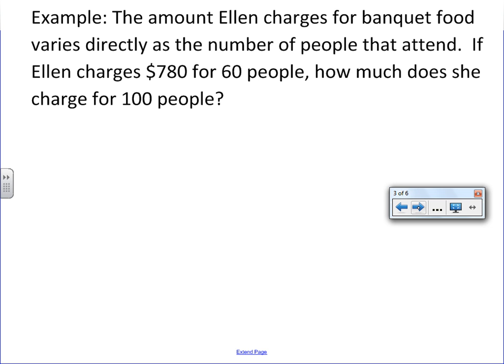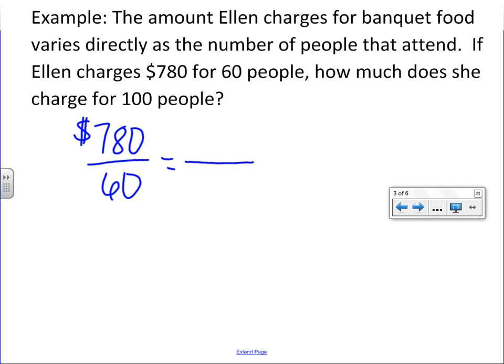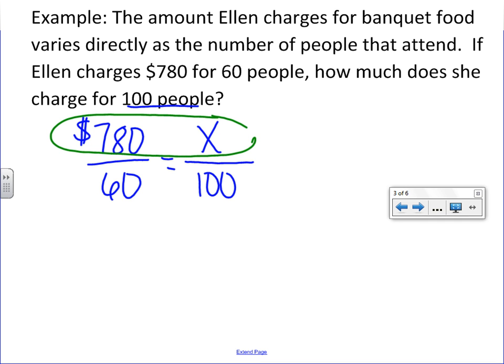So I know that she charges $780 for 60 people. That has to be equal to the amount she charges, which is what we're looking for, x, over 100 people. Notice that we have dollars with dollars and people with people. We can't mix those up. If we mix them up, then we won't get the right answer.